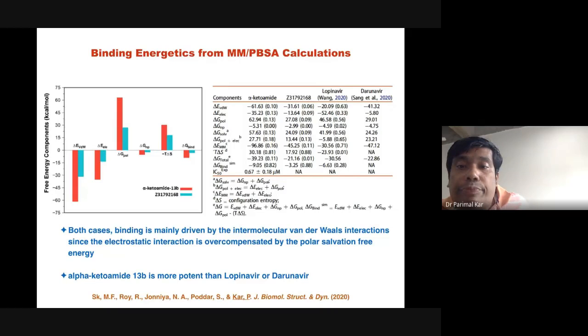So for lopinavir, the experimentally determined binding energy for SARS-CoV-2 is -6.63. On the other hand, for alpha ketoamide, it is -9 kcal per mole. So that means whatever we have designed is much better than lopinavir or darunavir.